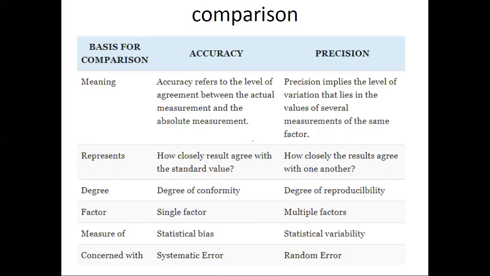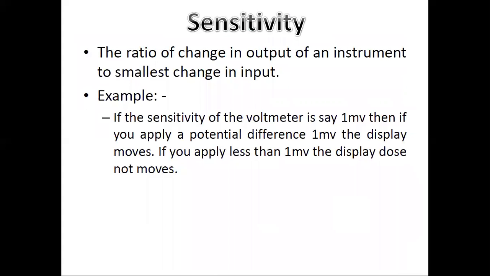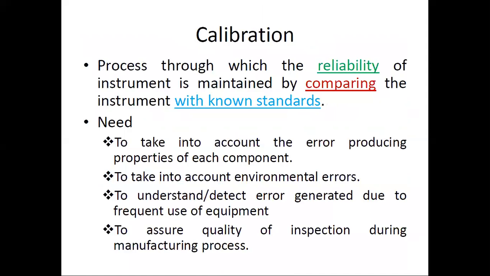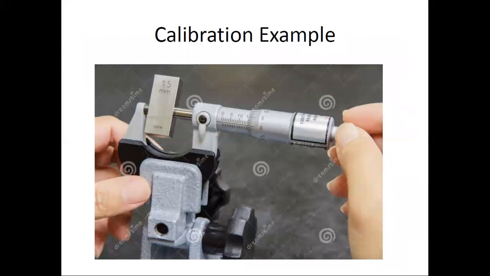It will be helpful for you to make your notes. This comparison is very important. What is the basic difference between accuracy and precision? And sensitivity, linearity, hysteresis, repeatability, reproducibility, calibration. So all this part is covered in your class lecture.